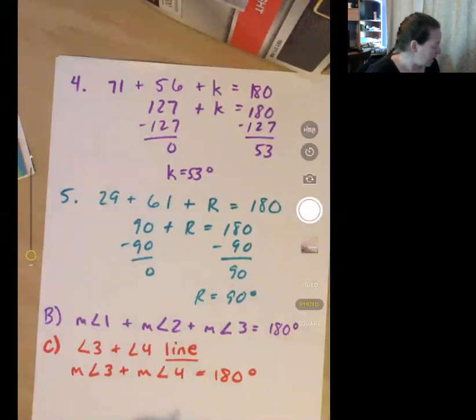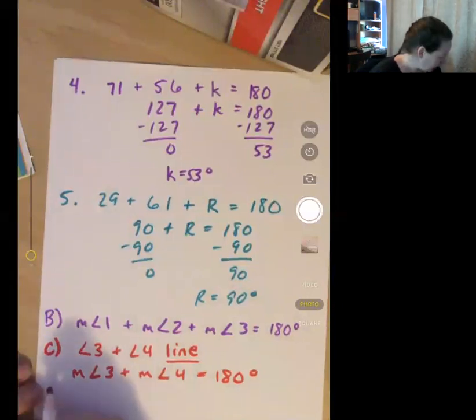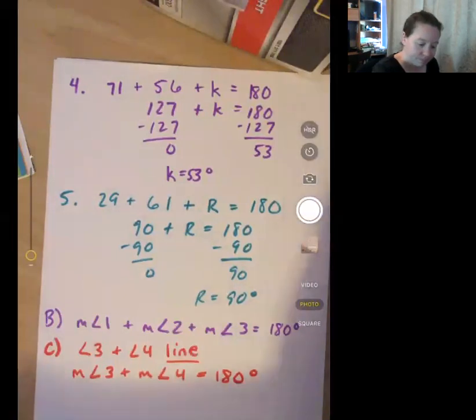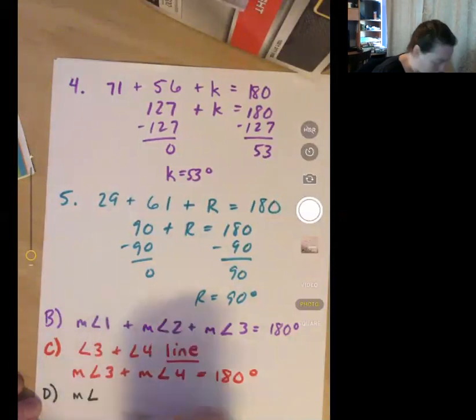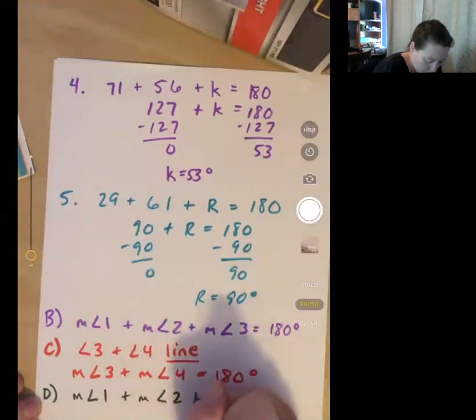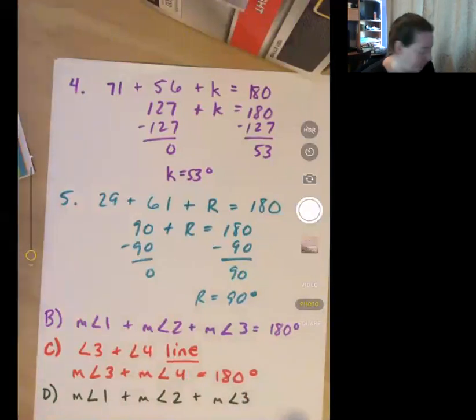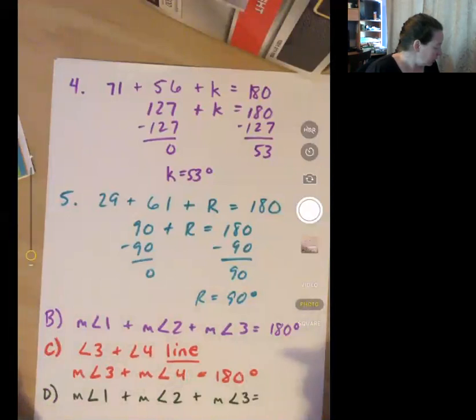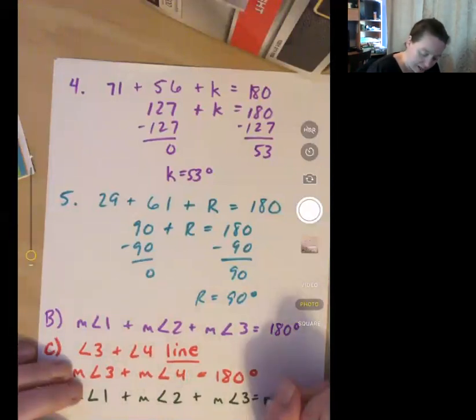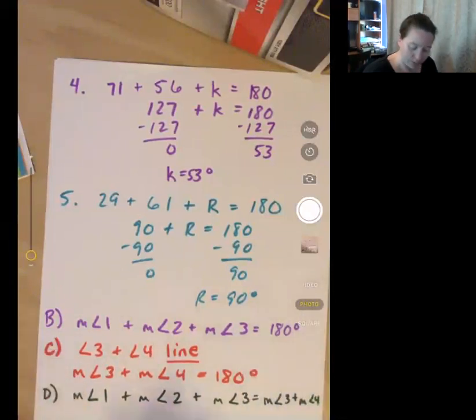We can then go the measure. Okay, so D wants us to do this. D says the measure of angle 1 plus the measure of angle 2 plus the measure of angle 3 is equal to the measure of angle 3 plus the measure of angle 4.